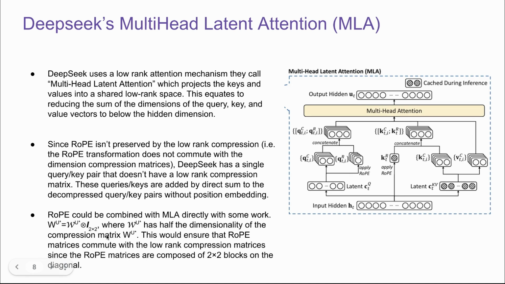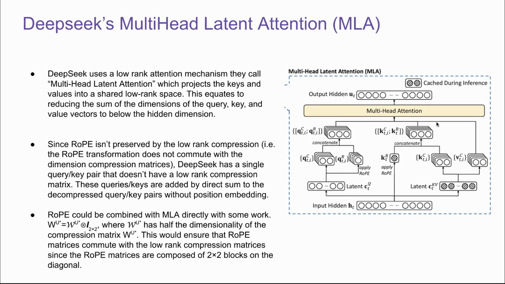Using this new smaller W matrix, it will ensure that RoPE matrices commute with the low-rank compression matrices, since the RoPE matrices are composed of 2-by-2 blocks on the diagonal. Actually there are other ways to do MLA, I would imagine, but this is how DeepSeek decided to do it, and it has been working pretty well.